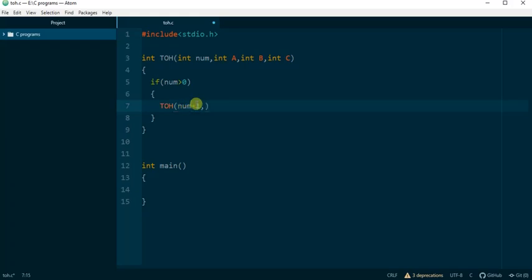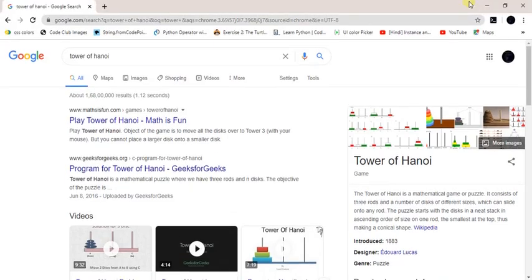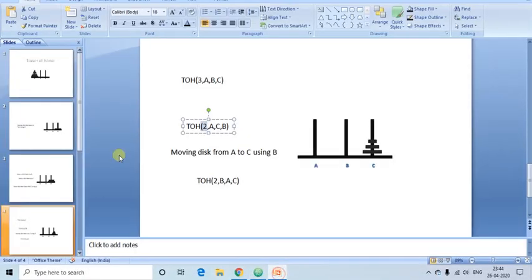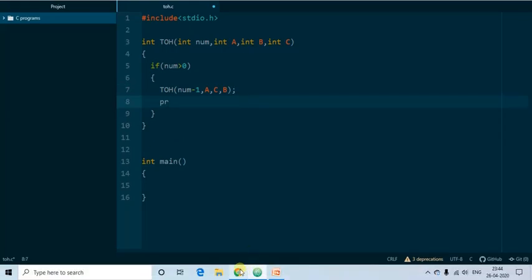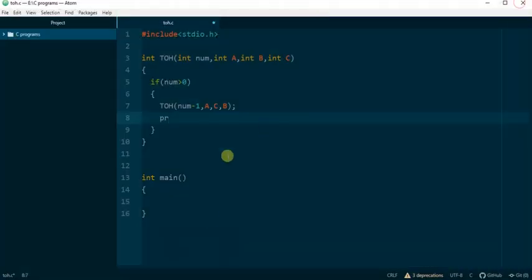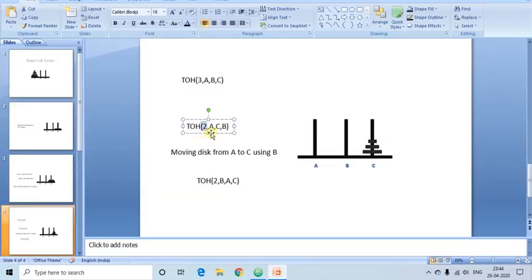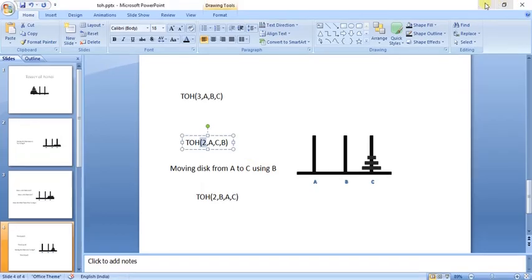Then from where to where, as we have discussed: from A to B using C. We are passing this from A to B using that C. Next, what we are transferring is from A to B. Next we are moving this from A to C using B. That's the simple one, we just print that.